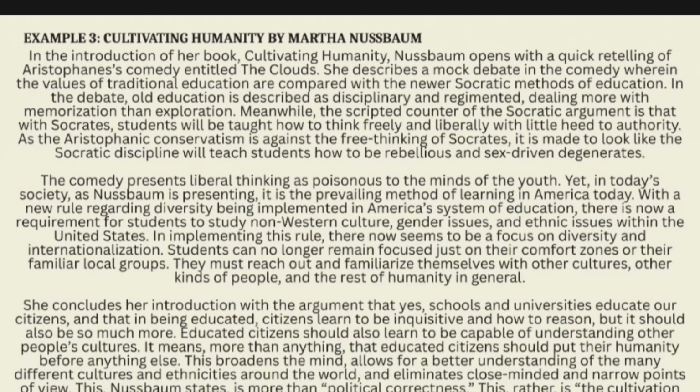With a new rule regarding diversity being implemented in America's system of education, there is now a requirement for students to study non-Western cultures, gender issues, and ethnic issues within the United States. In implementing these rules, there seems to be a focus on diversity and internationalization.